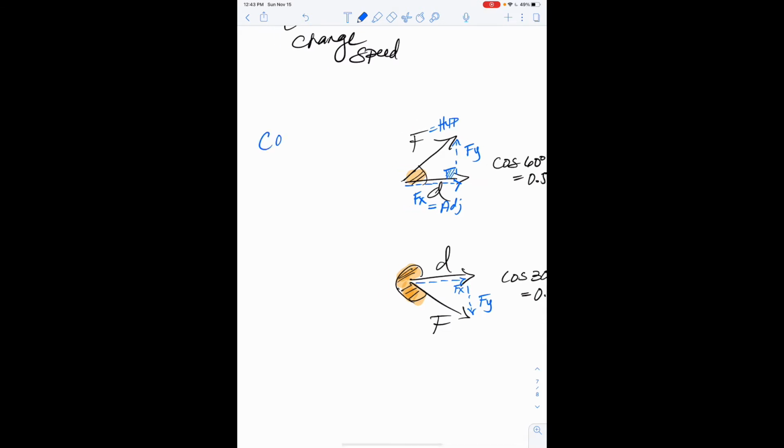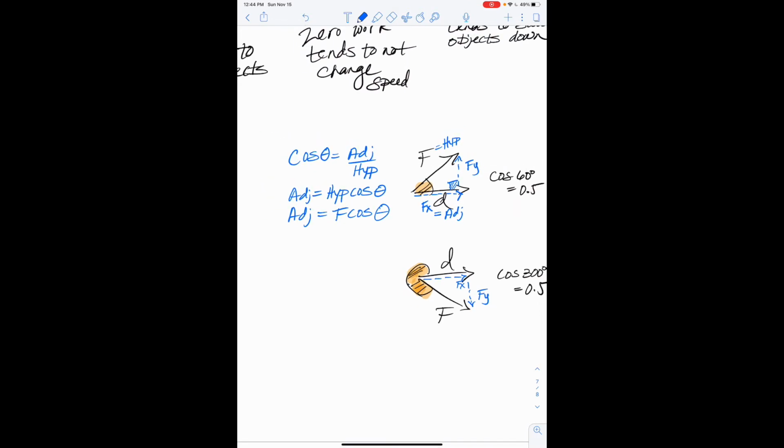Because cosine of theta is equal to adjacent over the hypotenuse, and we can say that the adjacent is equal to the hypotenuse times cosine of the angle, and we can say that the adjacent then is equal to F cosine theta, right? And so let me write that again. We can say that Fx is equal to F cos theta.